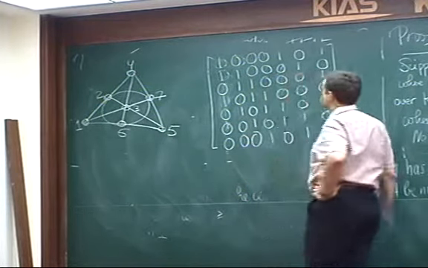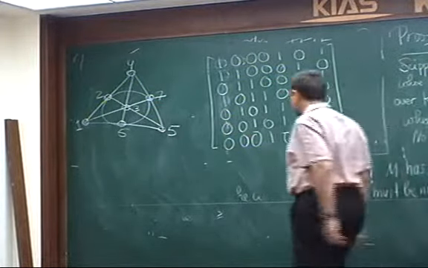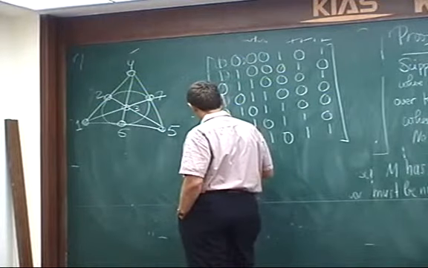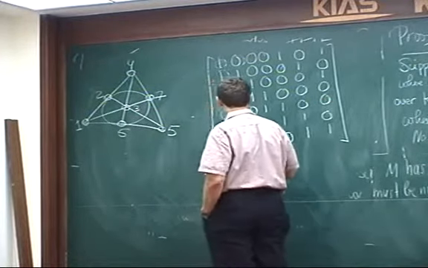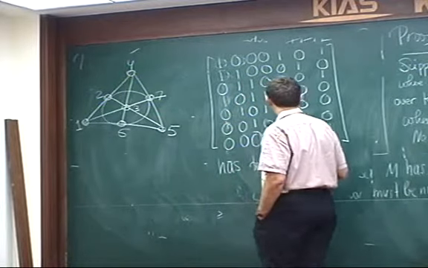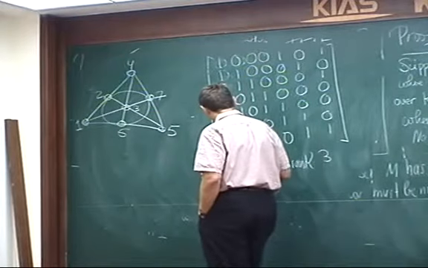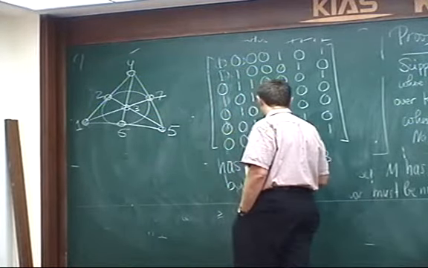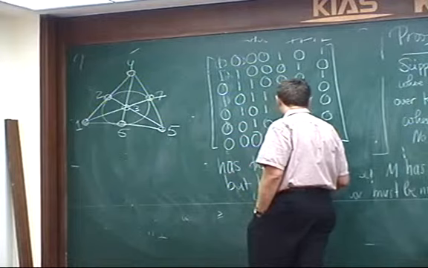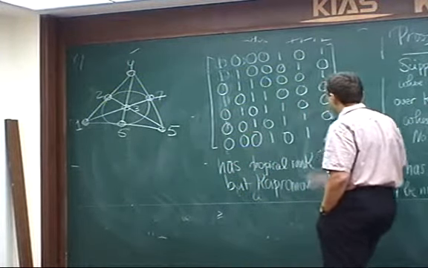Okay, so this is the matrix. Now, this 7 by 7 matrix has tropical rank 3, but it has Kapranov rank 4.